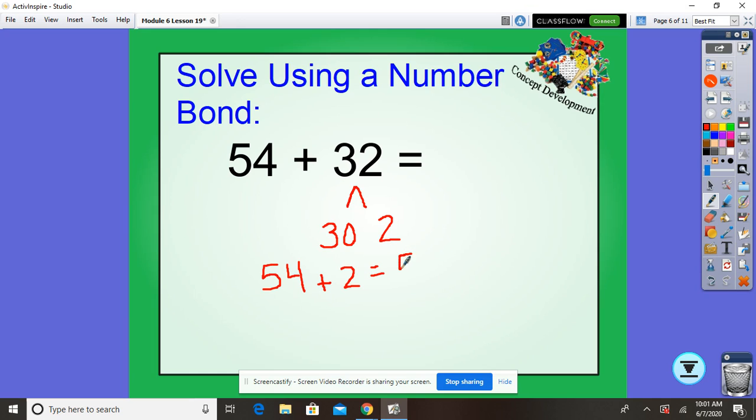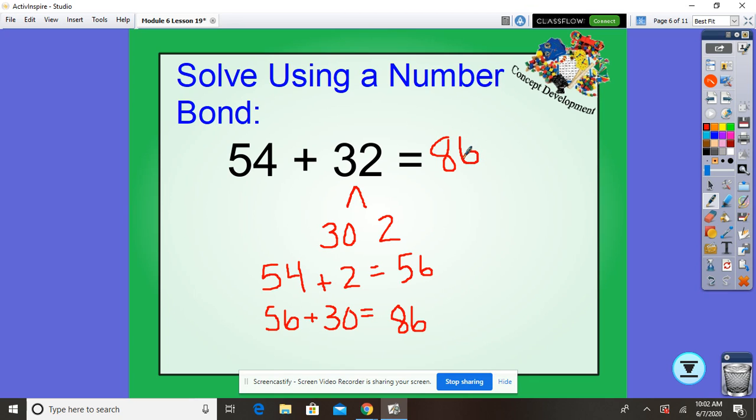And then I'm going to add 56 to my 3 tens, which is 30. So 5 and 3 make 8. So my answer is 86. So that's one way to do it with a number bond.